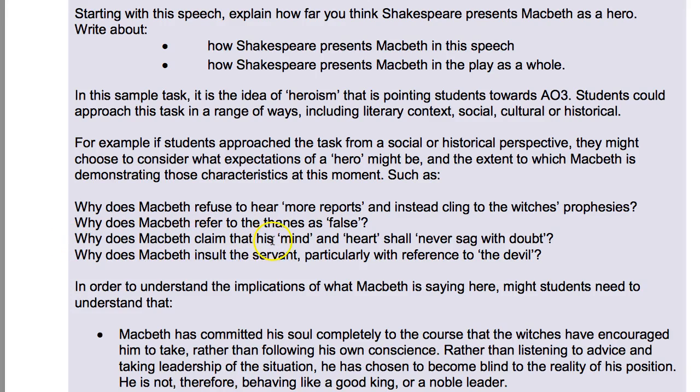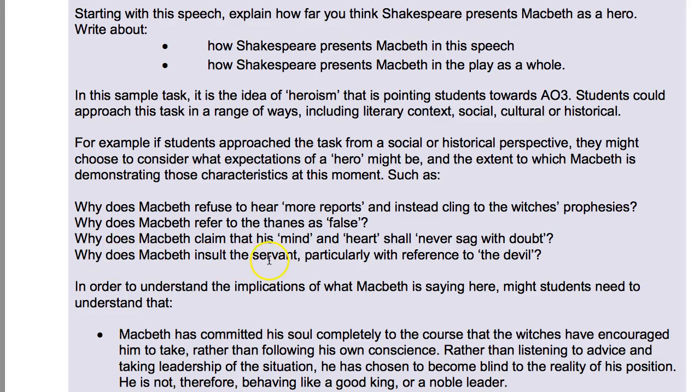Why does Macbeth claim that his mind and heart shall never sag with doubt? Well, one could be to portray himself as a hero, and the other could be to talk himself into this heroic state, because actually he finds that his heart and his mind are both feeling doubtful and weak. He can't really see how the witches' prophecies can possibly come true.